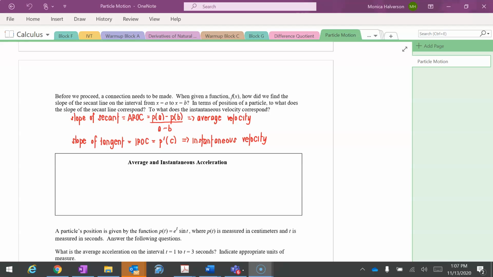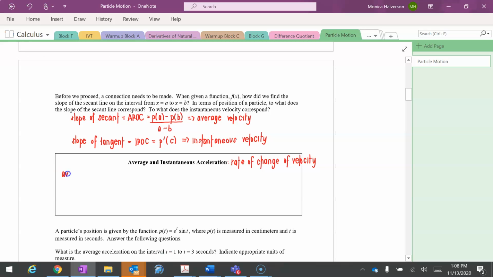So now that we've recognized that the instantaneous velocity is the first derivative of position, we need to talk about acceleration. All right, and there too are two types of accelerations. Now, what's important is that acceleration is the rate of change of velocity.